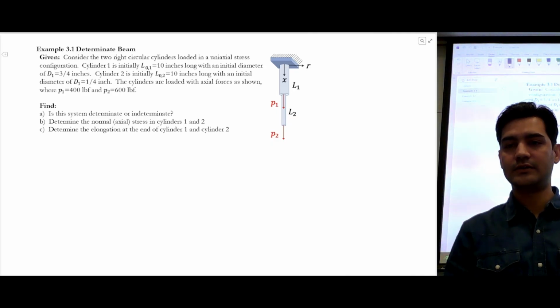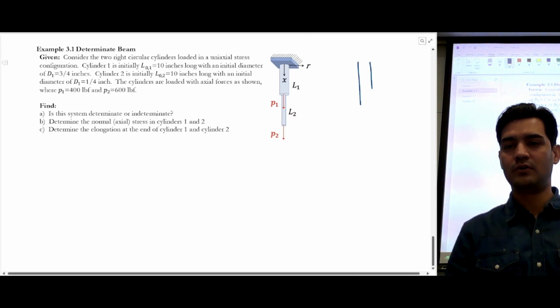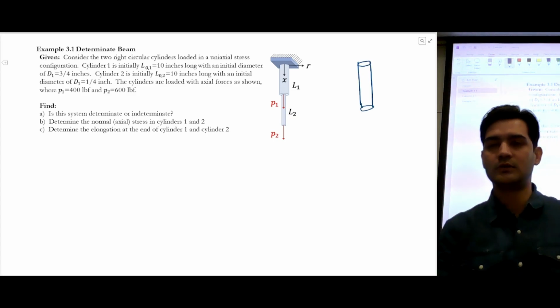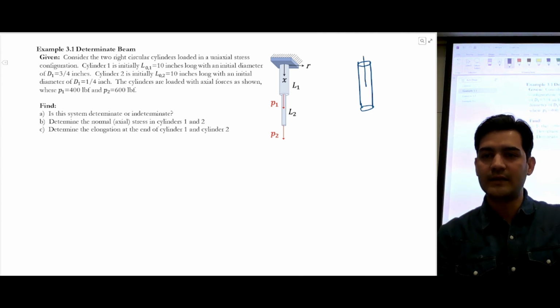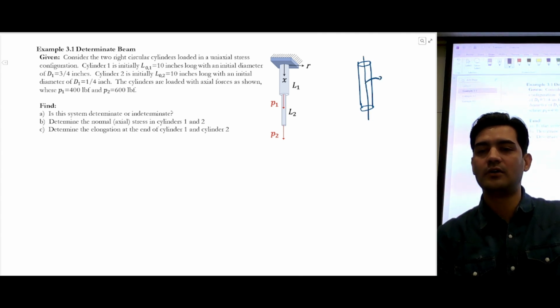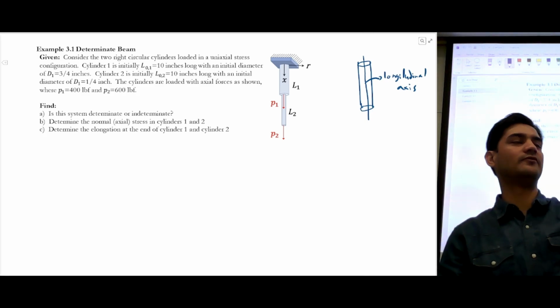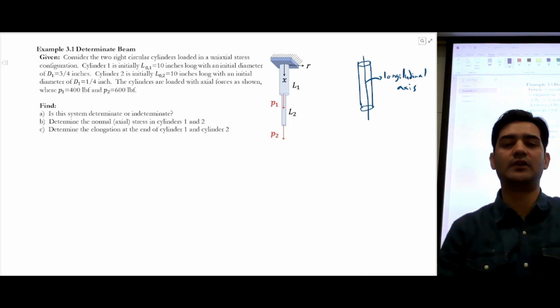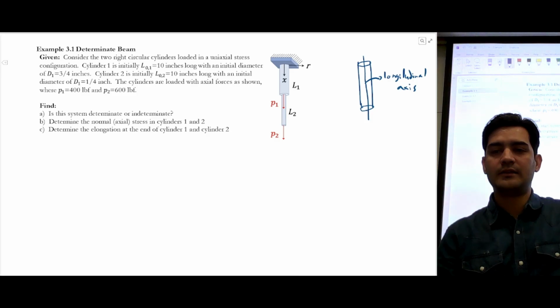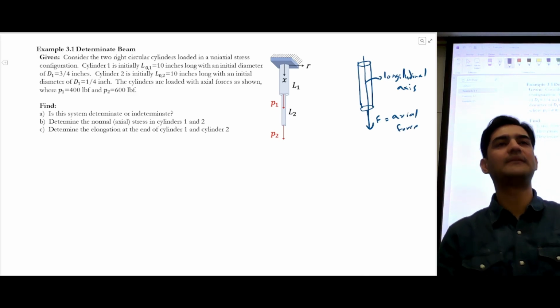If I draw a member, this axis is called the longitudinal axis, because it is along the length of the member. And this force is called the axial force, but it's the same as the normal force.